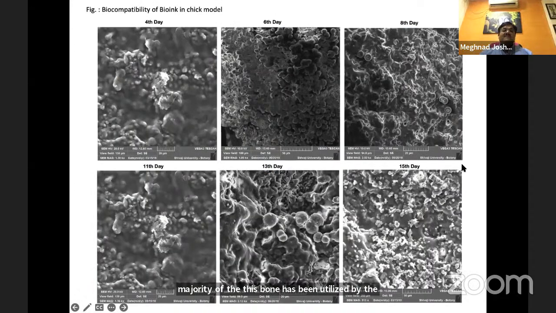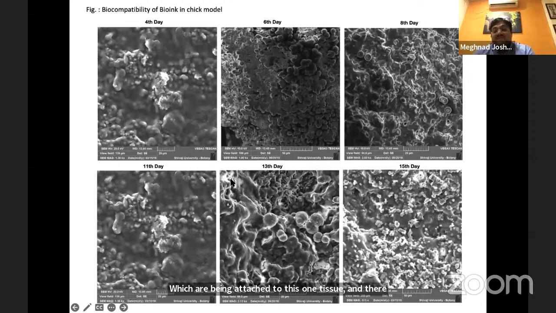We have also taken scanning electron microscopy photographs of this bone, and we have found that this is a very biocompatible bone structure. There are different chick cells which are recruited in the bone, and you can see that there are RBCs attached to this bone tissue, and different types of cells recruited in the bone structure.